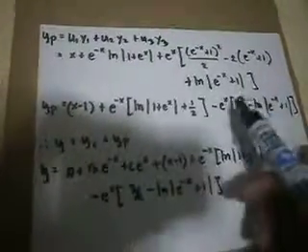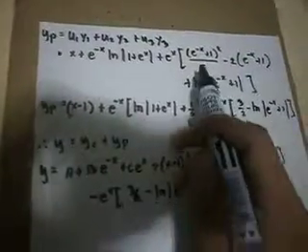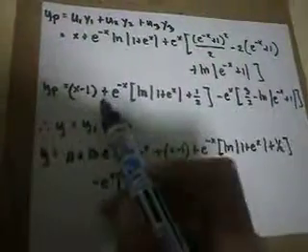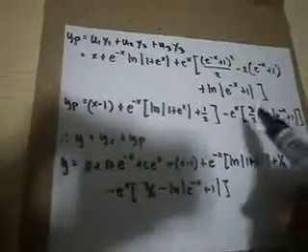Maybe you have a lot of ideas how to simplify this further. Since we don't have enough time here, I will just let you simplify this one. So our yp is this very long yp.